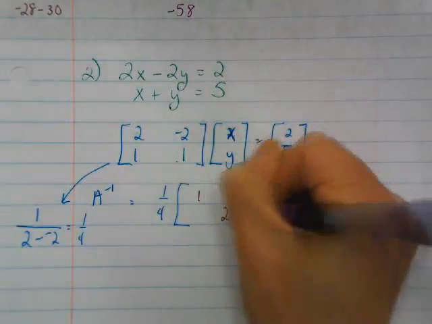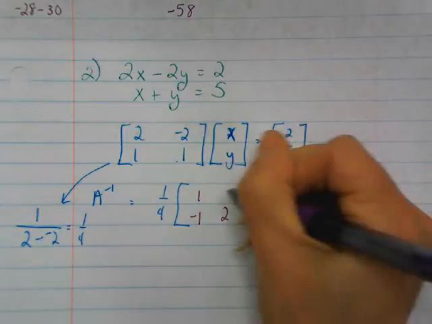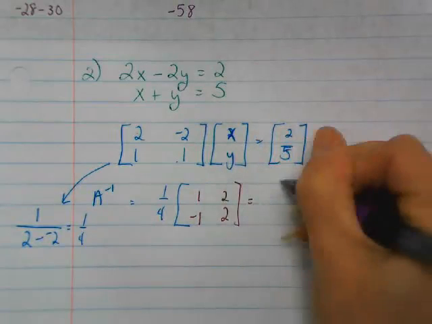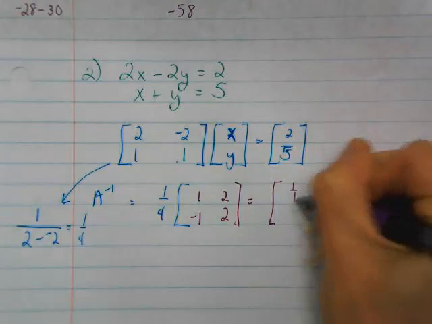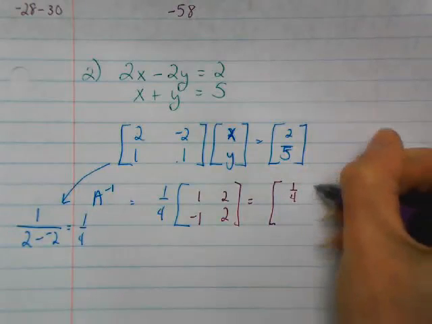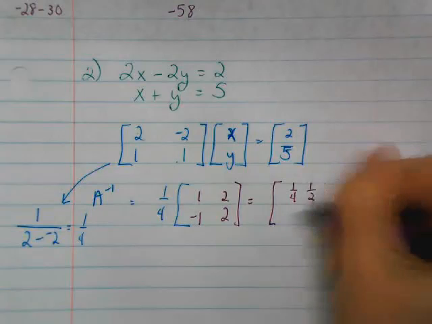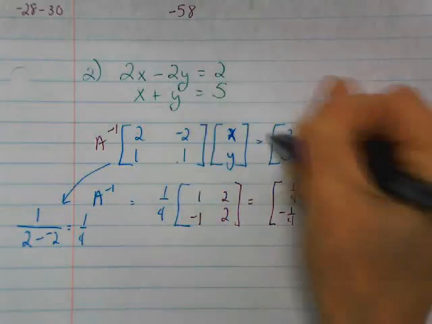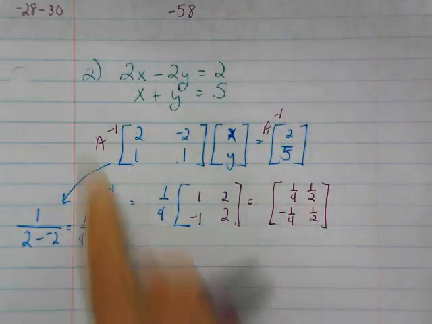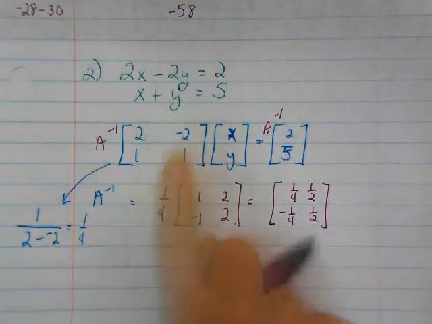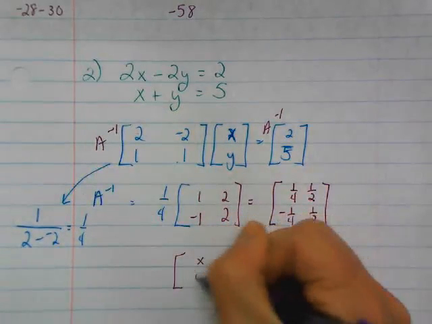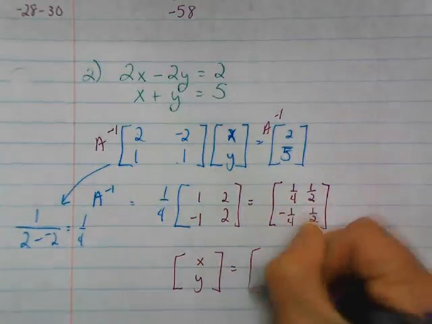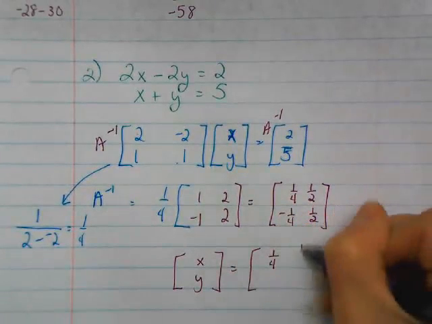And my inverse matrix would then be 1/4, don't panic that it's fractions, 1/2, negative 1/4, and 1/2. Now I'm going to multiply both sides by that inverse matrix. So over here, this crosses out, and you're left with x, y. Over here, I'm going to multiply 1/4, 1/2, negative 1/4, 1/2, times 2, 5.